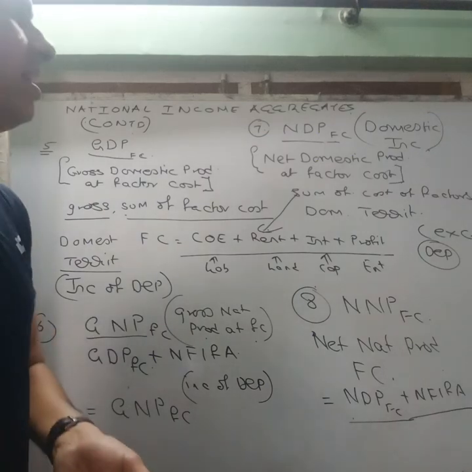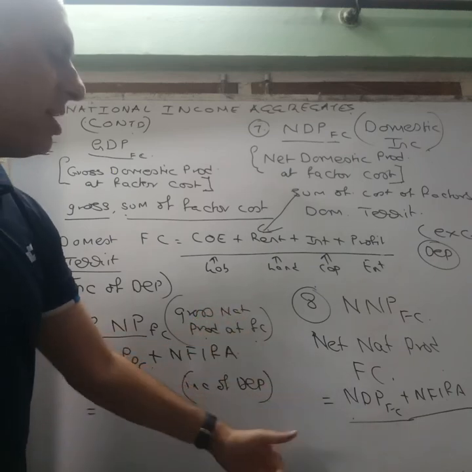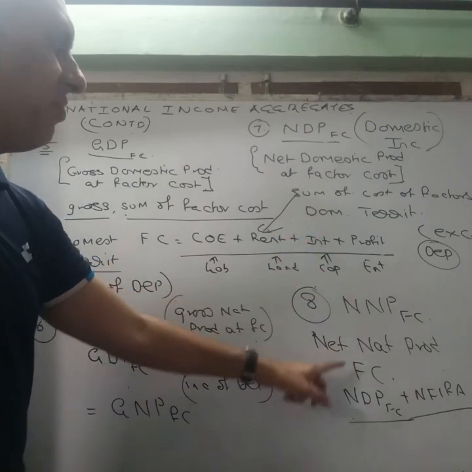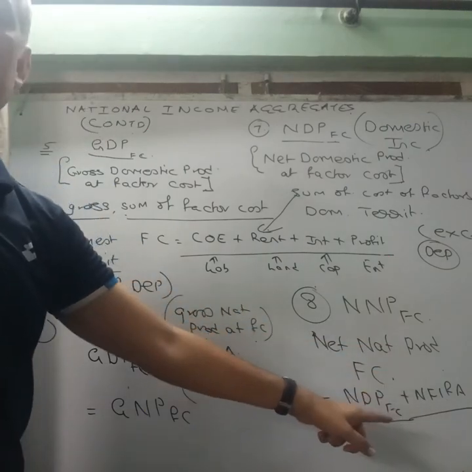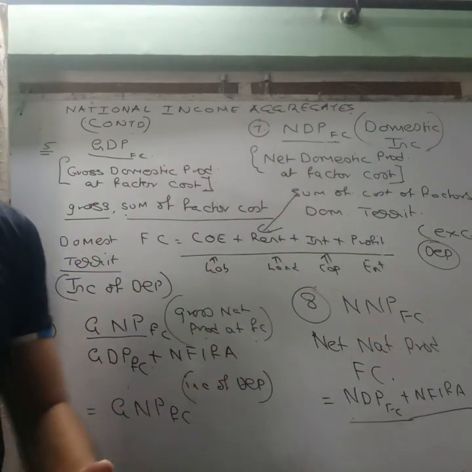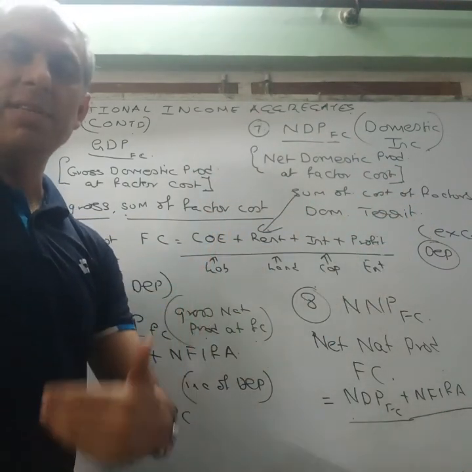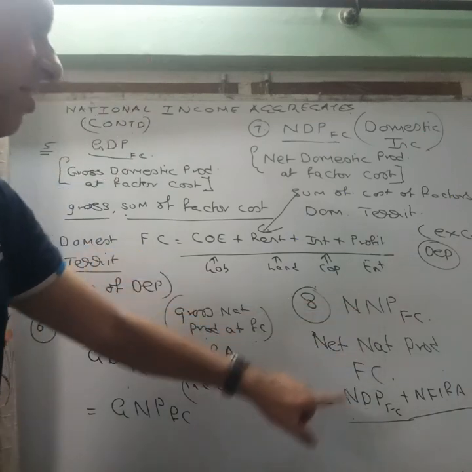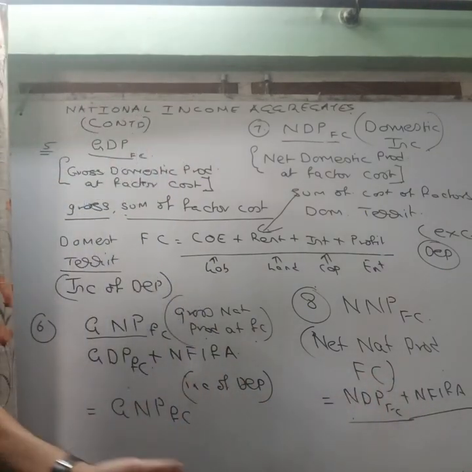In order to make a domestic concept into a national concept, I'm taking again at factor cost the value of the goods which are produced within the domestic territory and adding the net factor income from abroad, which is the difference between our residents' earnings from abroad and the earnings of foreign residents from within the domestic territory of India. Once you add this, you arrive at NNP at factor cost, which is the other name for net national product at factor cost.